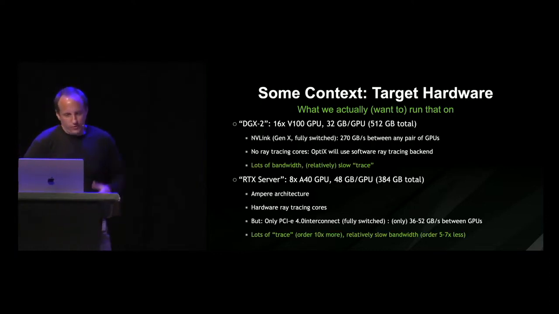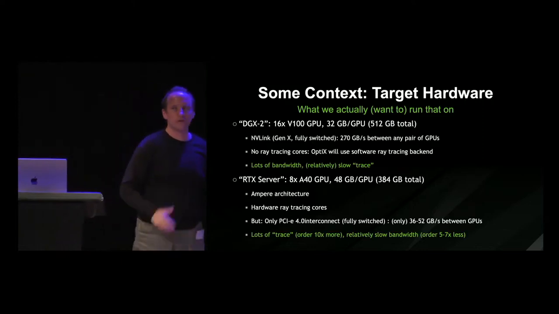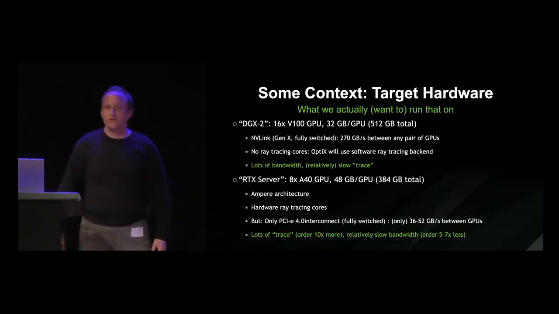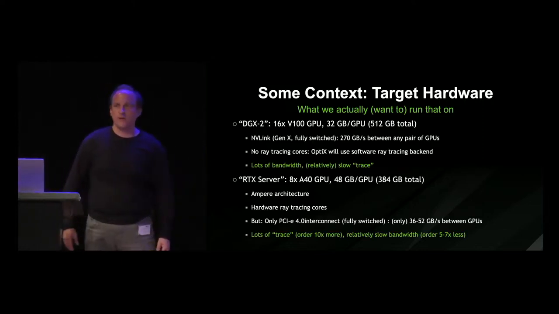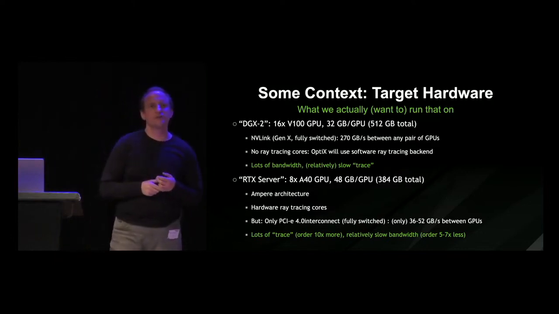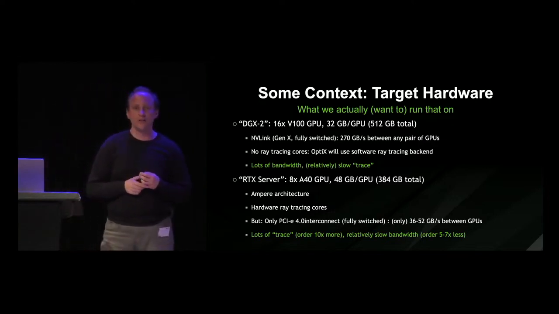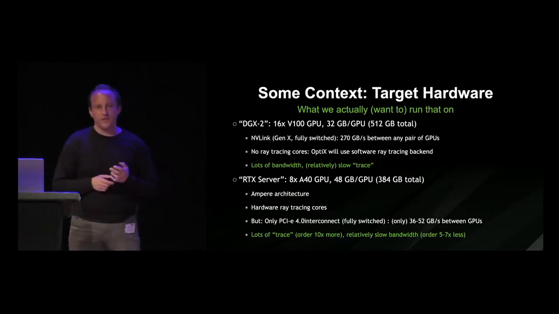For this evaluation, we're really interested in the big models and the big hardware. So we performed our evaluation on a DGX2 station, which is a Volta architecture-based workstation, with 16 GPUs, 32 gigabytes each, connected by NVLink.